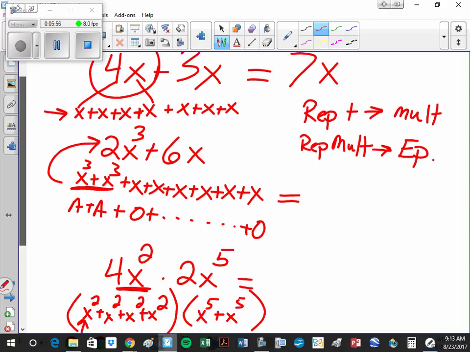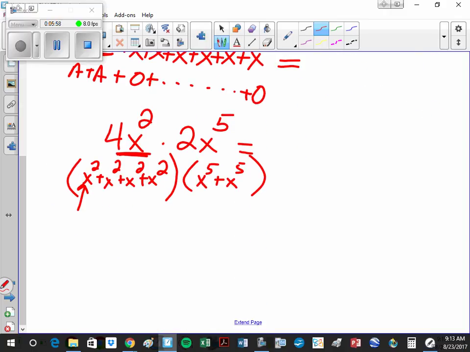Okay, so let me show you that down here. This turns into 4X squared, right? And this turns into 2X to the 5th. So this is really 4 times X times X. That is 4X squared.